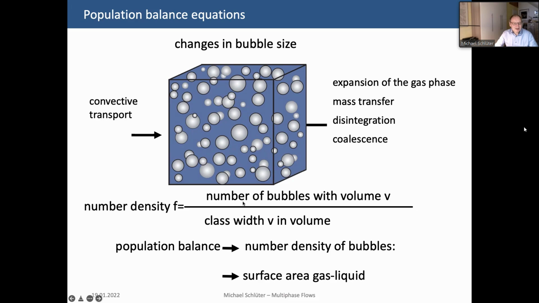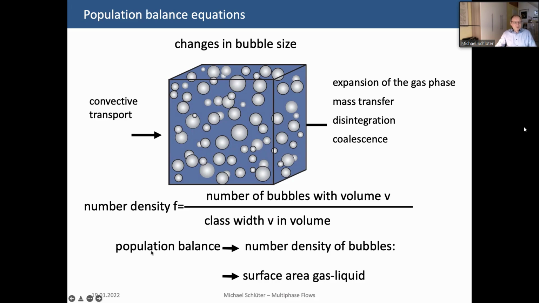So this means we have a number of bubbles with a certain volume V, and this is related to the class width in the volume. So we have our distribution, and then we cut the distribution in several segments of different bubble sizes, and then we count all the bubbles of a certain segment, and this is here the number of bubbles with a volume V for this segment of bubbles of volume V, and this is the width of this segment.